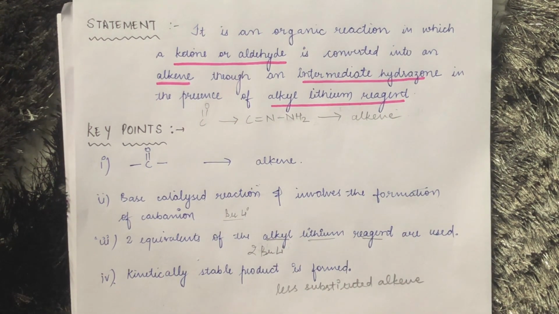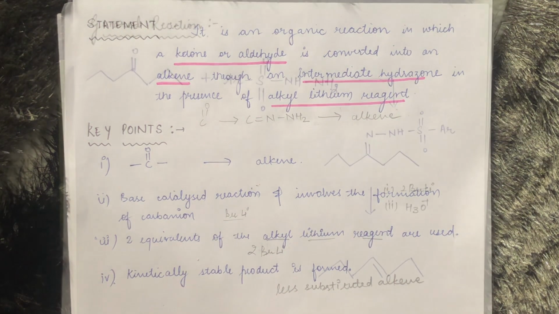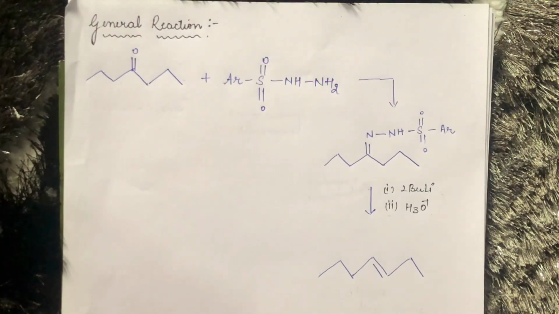Kinetically stable product depends upon the rate of reaction, that is its kinetics. Kinetic stability occurs when the reactants react really slow. The slower the reaction occurs, the greater is its kinetic stability. This point will get clearer later in this video. Let's see the general reaction.